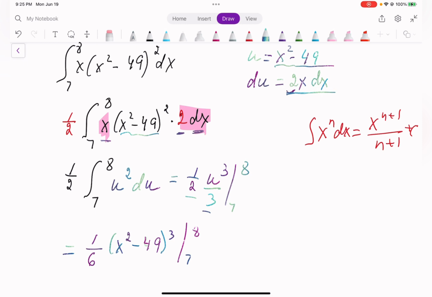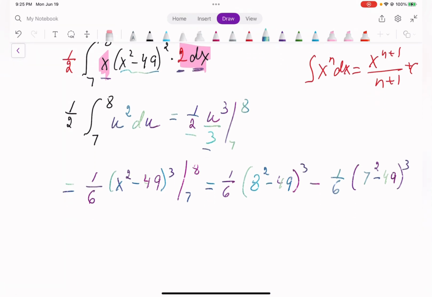So from here we are getting 1 over 6, and let's place x squared. First we take 8 squared minus 49, and this is to the power 3, and minus again 1/6, it's going to be 7 squared minus 49 cubed.